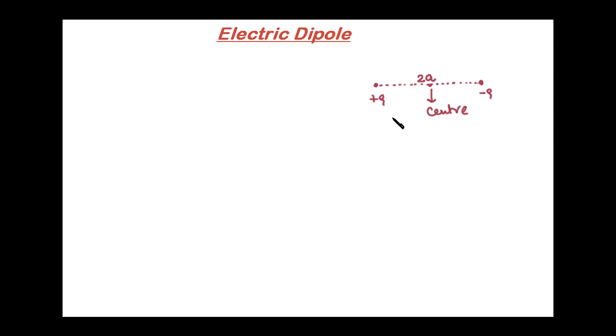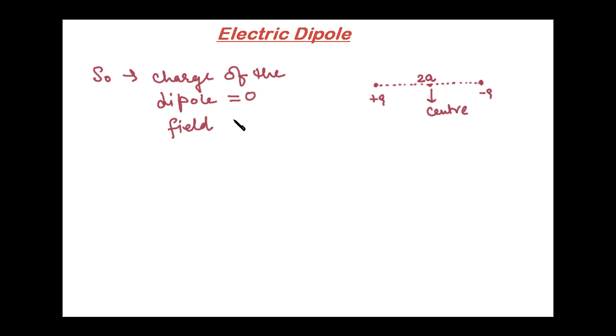Now since a dipole consists of equal and opposite charges, total charge of the dipole is 0. But this does not mean that electric field of the dipole is also 0. So charge of the dipole is equal to 0, but field of electric dipole is not equal to 0.